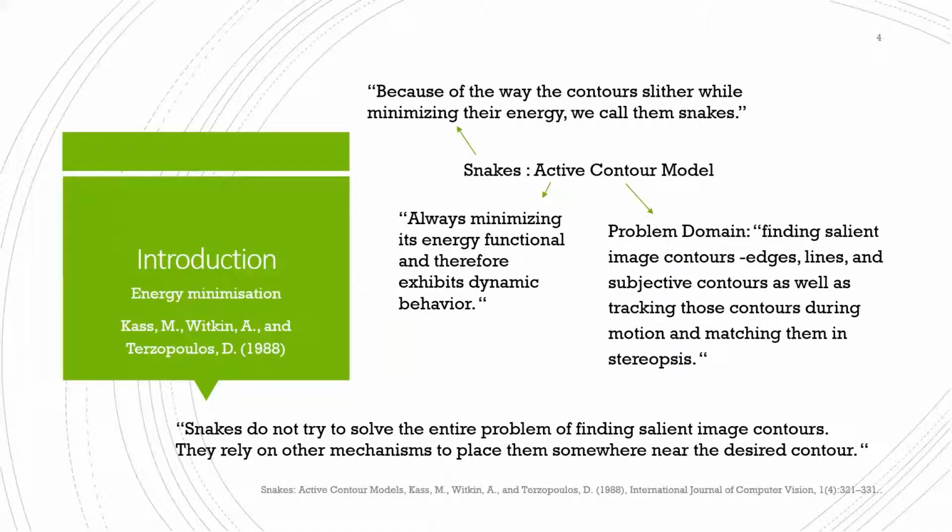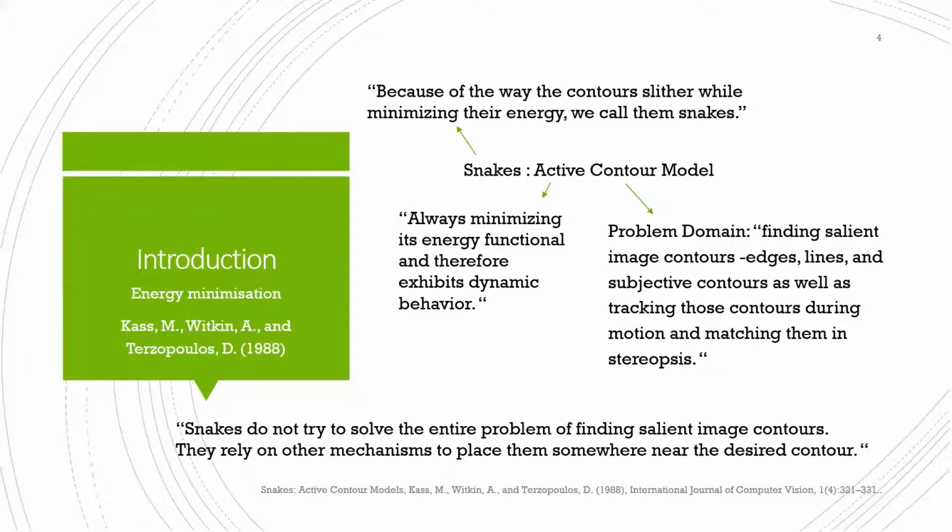Introduction. Why is it a contour model? Because the problem domain is to find salient image contours, and those can be edges, lines, or even subjective contours. And also it will track those contours during motion and match them in stereopsis.